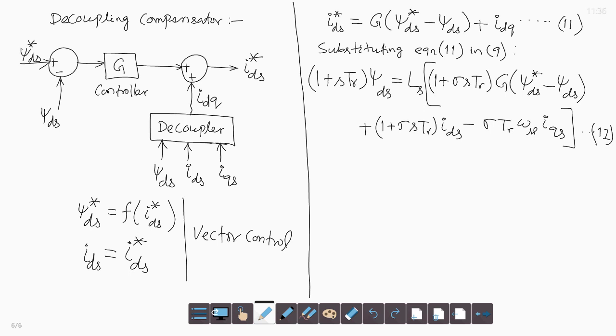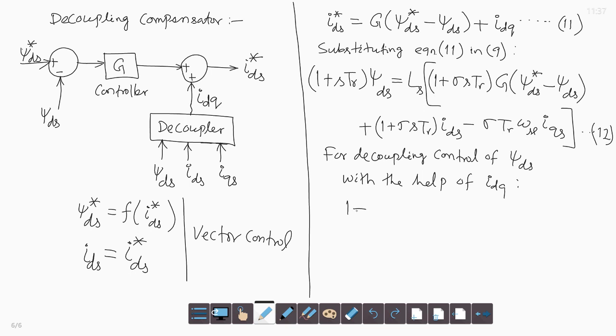So, for decoupling control of psi ds with the help of compensating current IDQ, we have one plus sigma str into IDQ. This is not IDS, this is IDQ.